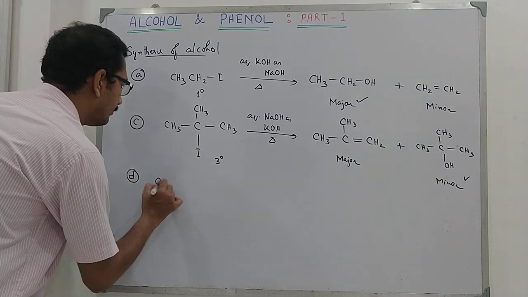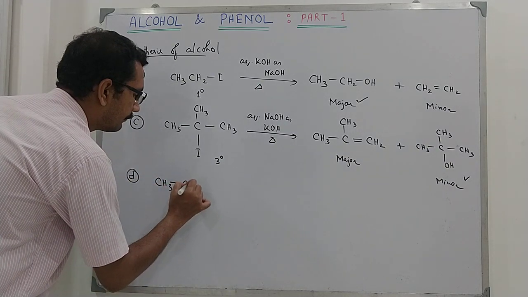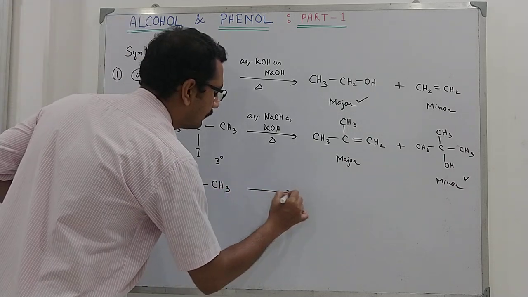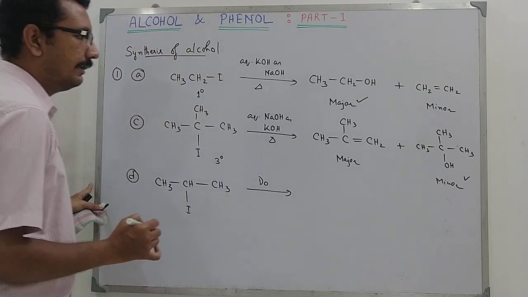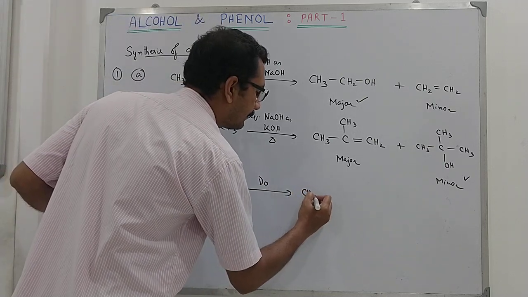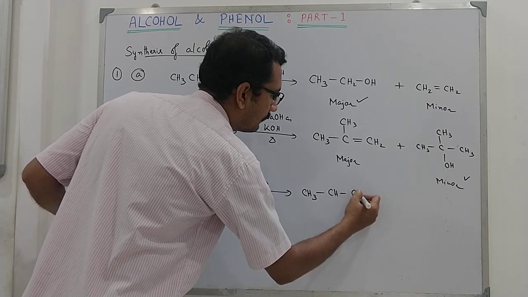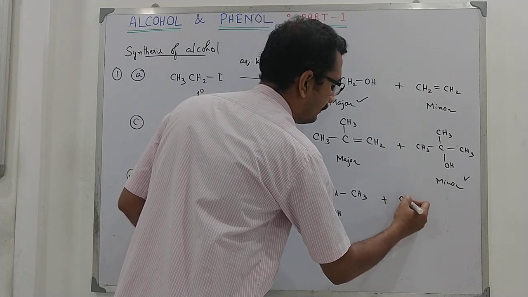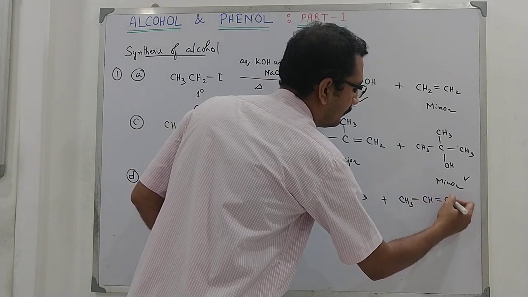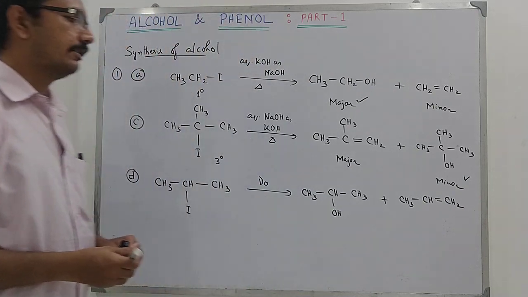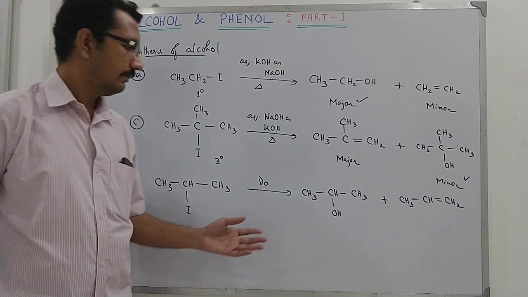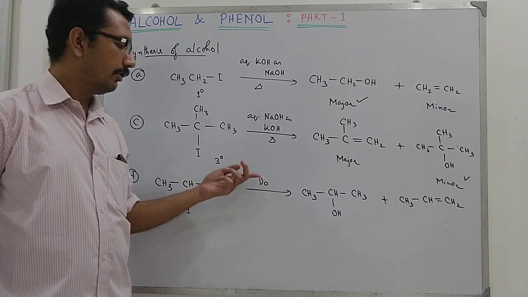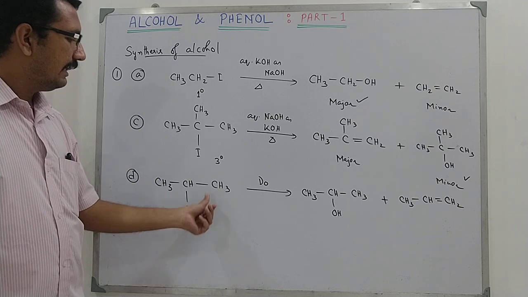Now what will happen if we start with 2 degree alkyl halide? We use the same reagent, then we will have both alcohol and alkene, no major or minor, almost equal. We will have the probability of nucleophilic substitution and also almost equal probability of the elimination reaction.